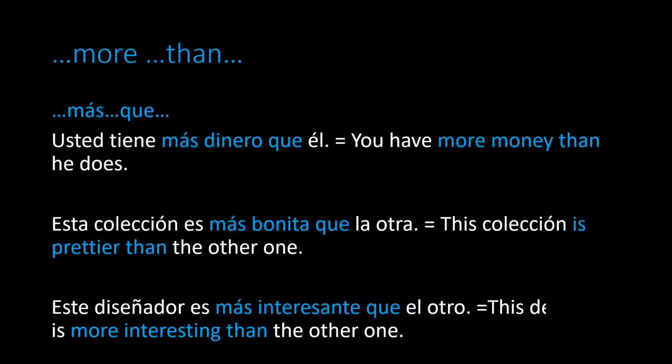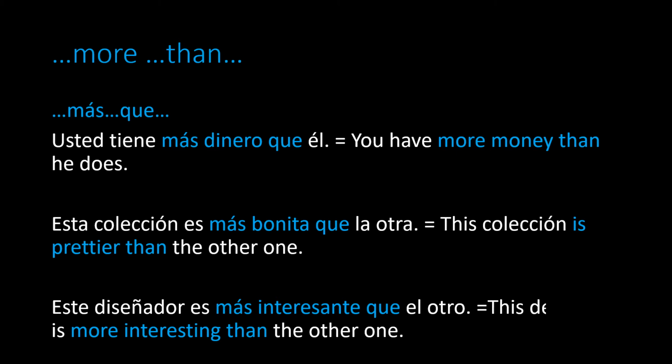The first structure, more than, says that one thing is greater than the other. For example, usted tiene más dinero que él. Más dinero que, meaning more money than. Look at the second. Esta colección es más bonita que la otra. Look at the part in blue.